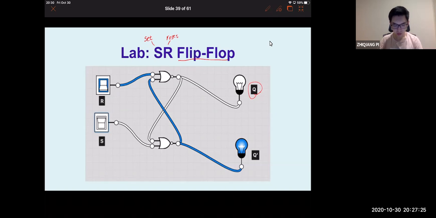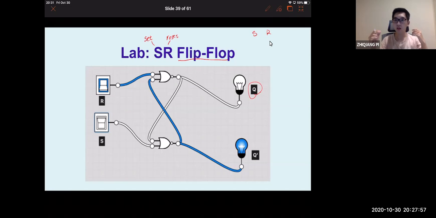Now, before we get into the nitty-gritty and the truth table of an SR flip-flop, I'm just going to tell you what its general behavior is. So we get two inputs, S and R. Note here, I'm writing down only the inputs because we're only talking about the overall behavior when these inputs change.